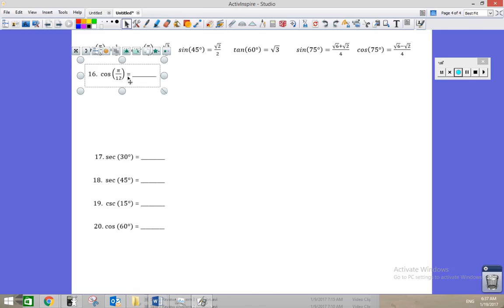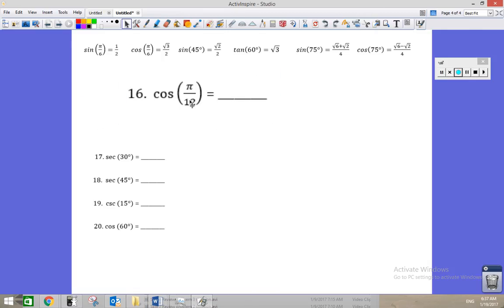If we look at cosine of pi over 12, I don't see it given, but I do see that sine and cosine are cofunctions. If I take pi over 2 minus pi over 12, then to get a common denominator, I get that 5 pi over 12 and pi over 12 are complementary angles.